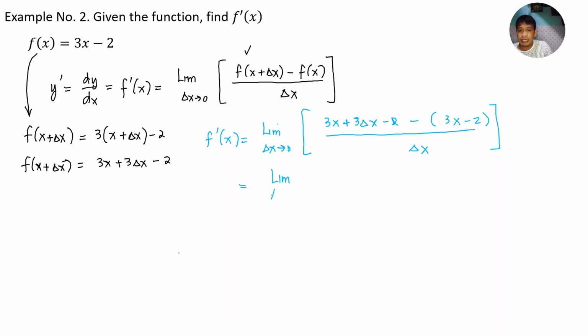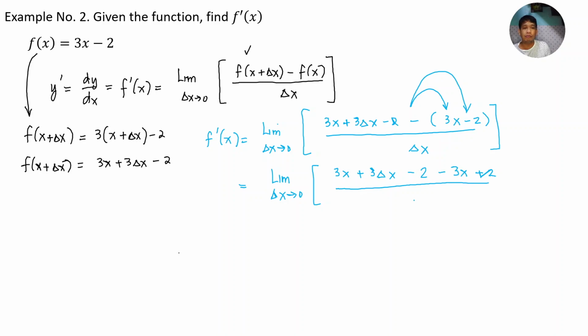Simplifying by distributing that negative sign, we have 3x plus 3 delta x minus 2 minus 3x plus 2, because we distribute this negative inside the parenthesis, all over delta x. When we combine like terms, 3x cancels out with 3x because 3x minus 3x is 0, and negative 2 plus 2 is 0.